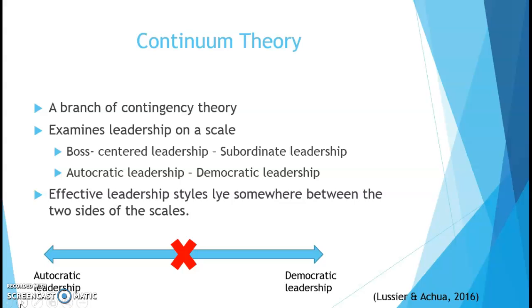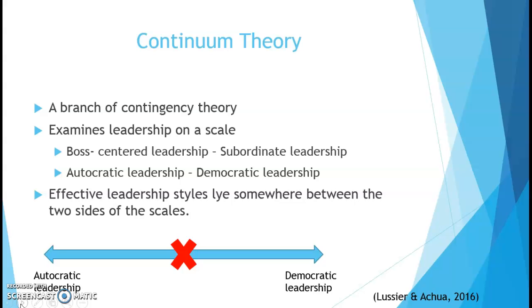We have autocratic, where the higher-ups or the management or the bosses handle most of the decision making. We have democratic leadership, where decision making is a team effort and is usually voted for or processed by all employees, including management, subordinates, interns, etc.